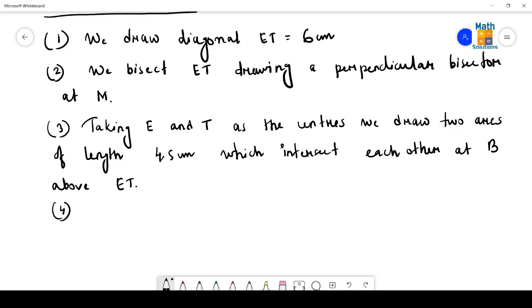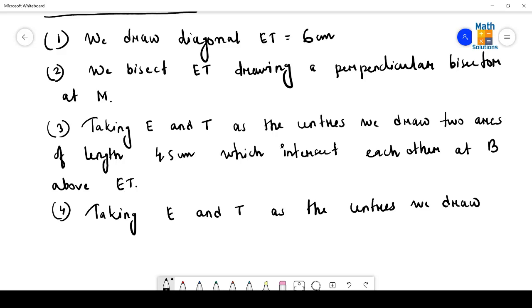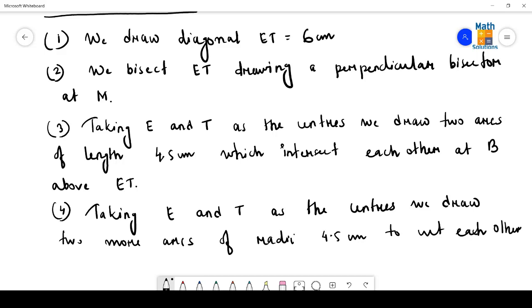But taking E and capital T as the centers, we draw two more arcs of radii 4.5 centimeter, to cut each other at capital S, below ET.